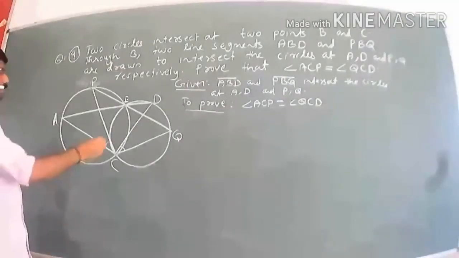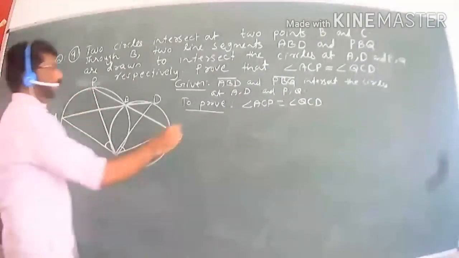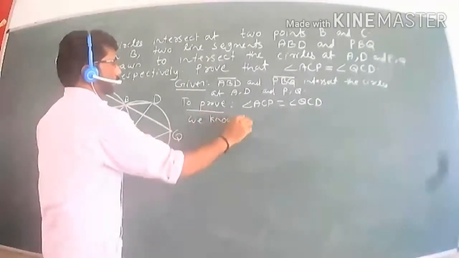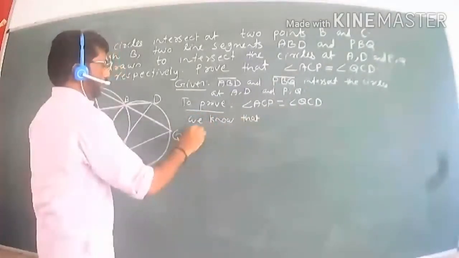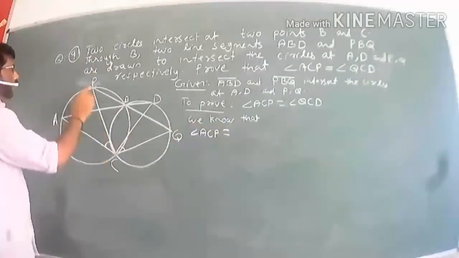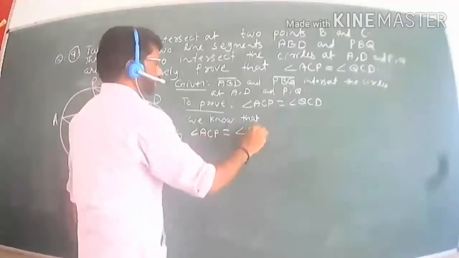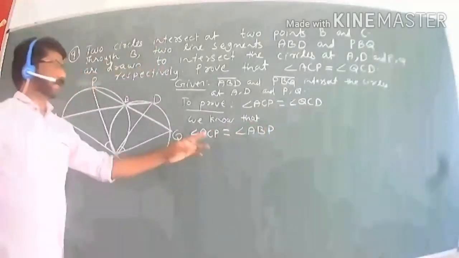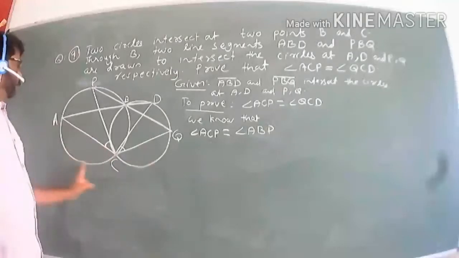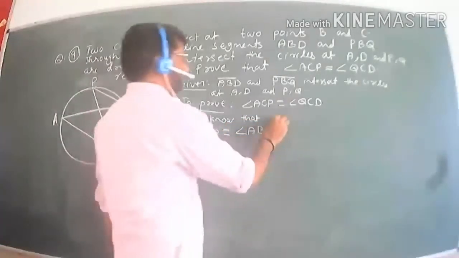Now you can see this angle ACP. We know that angle ACP is equal to angle ABP. What is the reason? Angle ACP and angle ABP are equal because they are angles in the same segment.